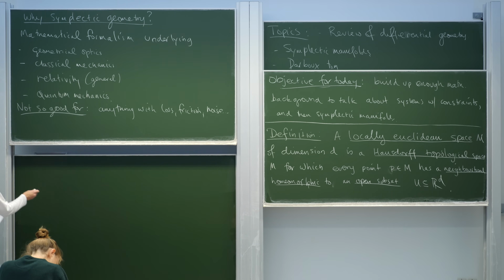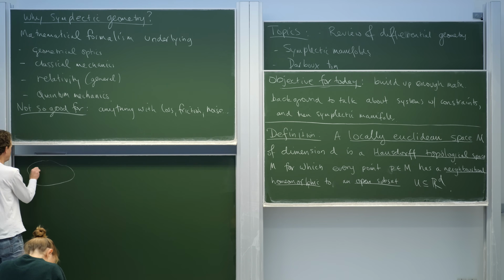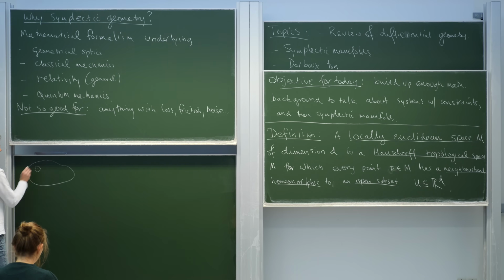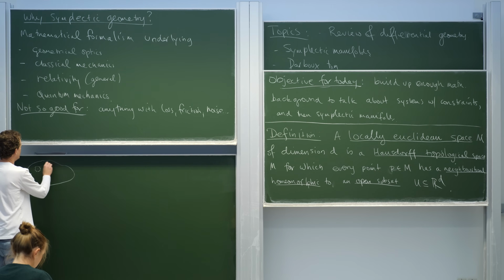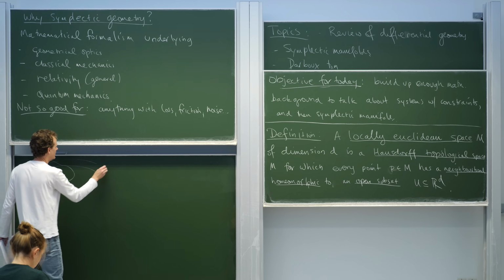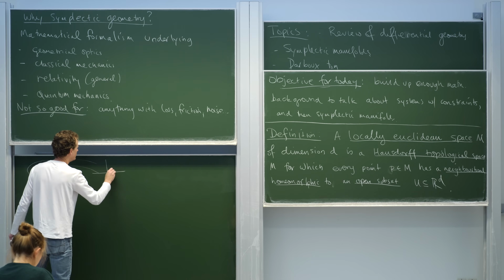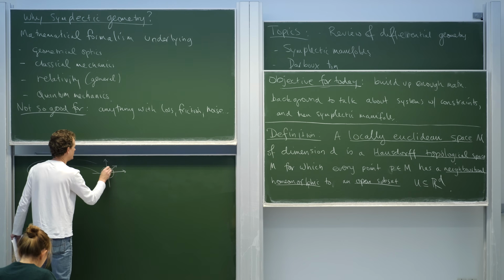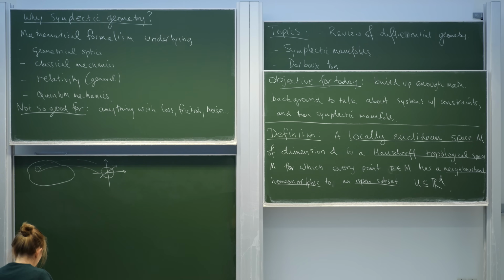I guess I'll draw the picture already. This is a locally Euclidean space. What does that mean? It means that every point in this space has a little neighborhood, where this neighborhood can be continuously deformed into some nice subset of R^d.